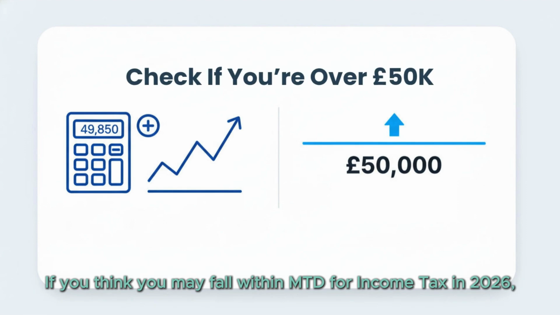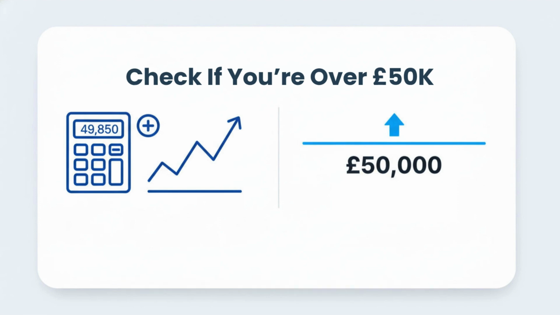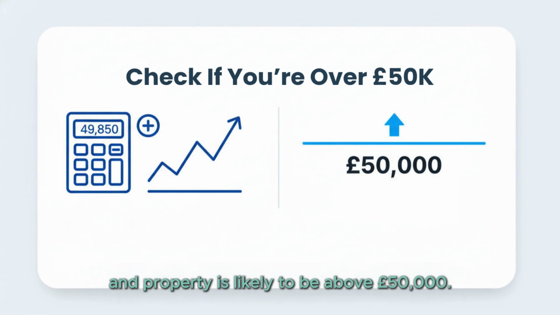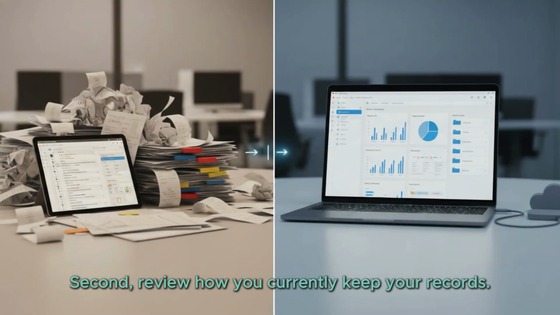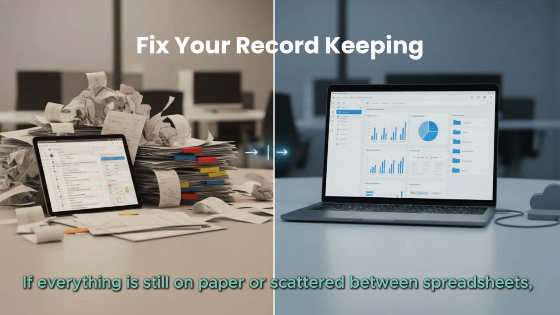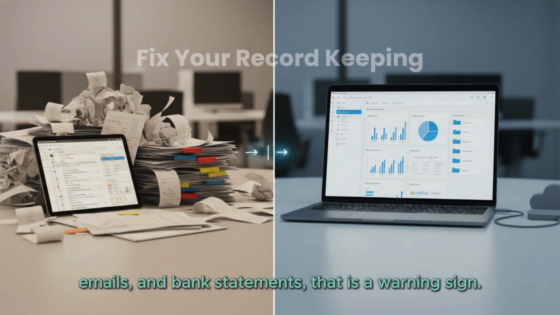If you think you may fall within MTD for income tax in 2026, these are the practical steps to take now. First, check whether your qualifying income from self-employment and property is likely to be above £50,000. Second, review how you currently keep your records. If everything is still on paper or scattered between spreadsheets, emails, and bank statements, that is a warning sign.